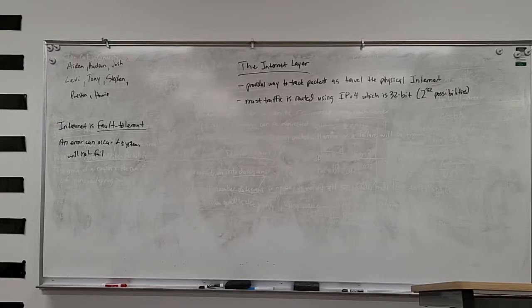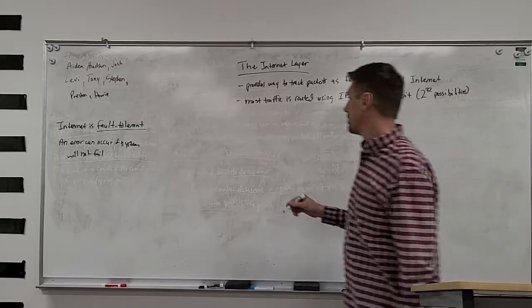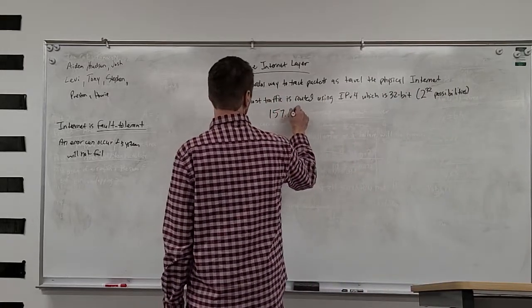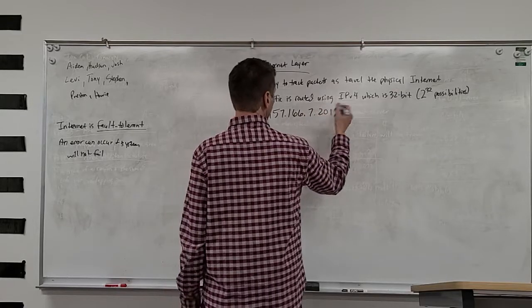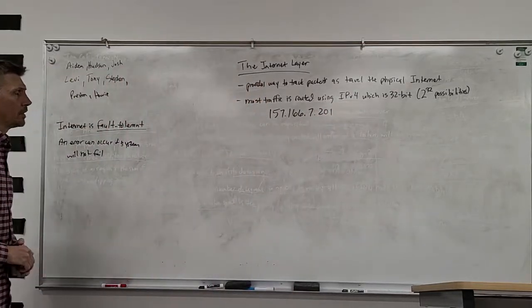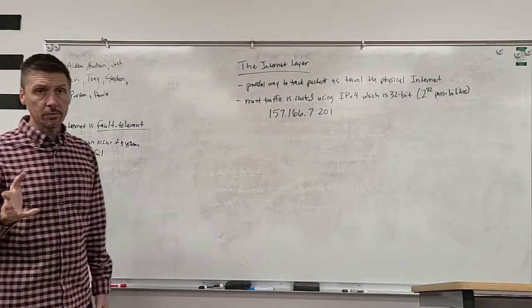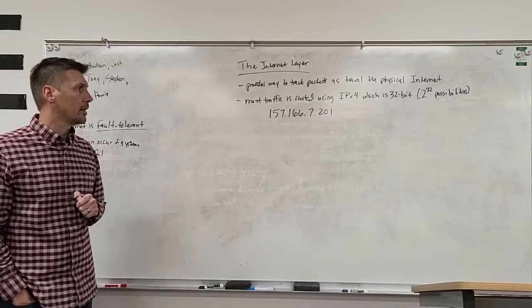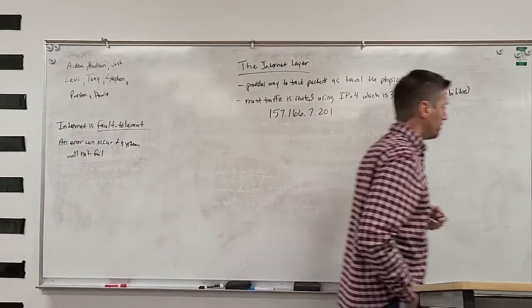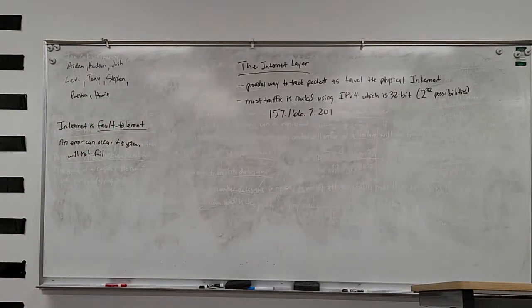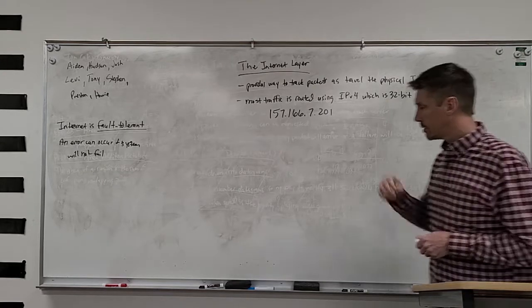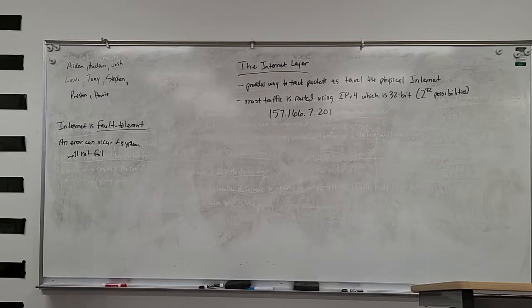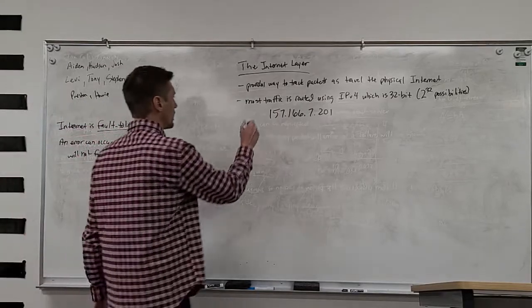Does that sound familiar? IPv4 versus IPv6. Yes. And so an example we said of this might be something like 157.166.7.201, where you basically have 4 groups of up to 3 numbers, right? Numbers using the decimal system, just 0 through 9. And so that's just an example of that. You guys have probably seen that before.